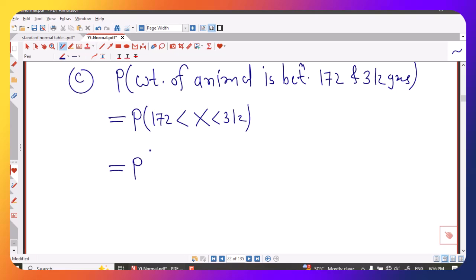And now we standardize: we subtract the mean and divide by sigma.